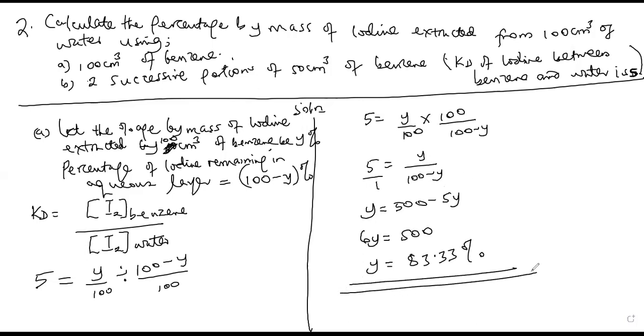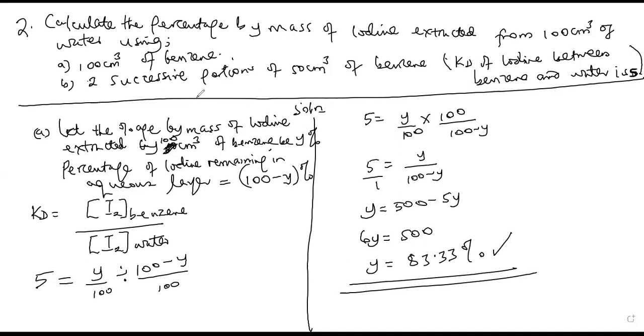And the fact that we had said, let the percentage by mass of iodine extracted by 100 cubic centimeters of benzene be Y, and we've gotten Y, then this one qualifies to be the answer for part A. Part B, what about when we use two successive portions?